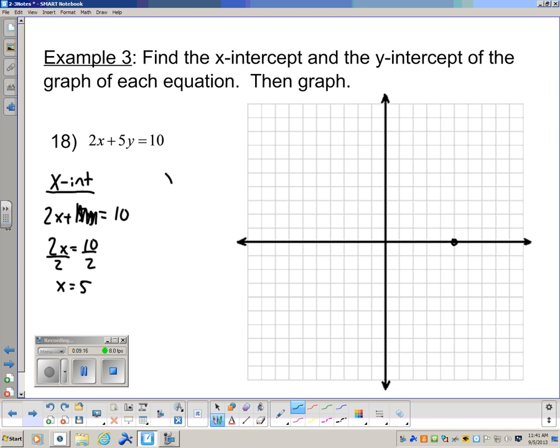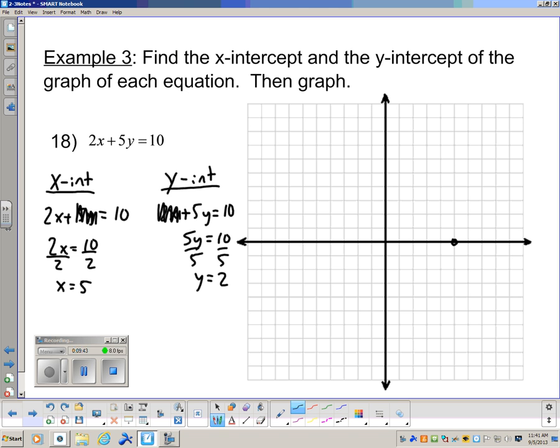My y-intercept, similarly, I can use my cover-up method for this one as well. So you can just take like your hand or your finger and just cover it up. For me up here, for you to be able to see it, I actually have to scribble it out. So I'm going to go ahead and cover up my x to find out my y-intercept. So I get 5y equals 10, divide by 5, and y equals 2.